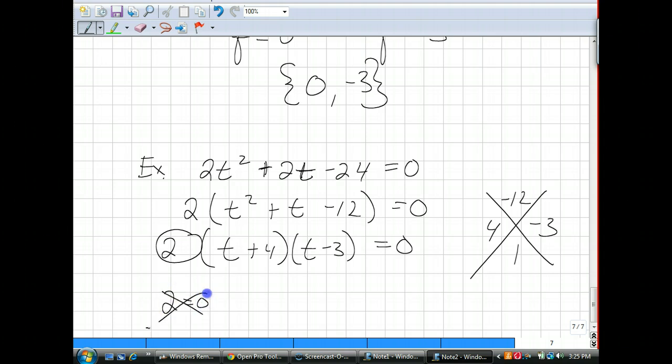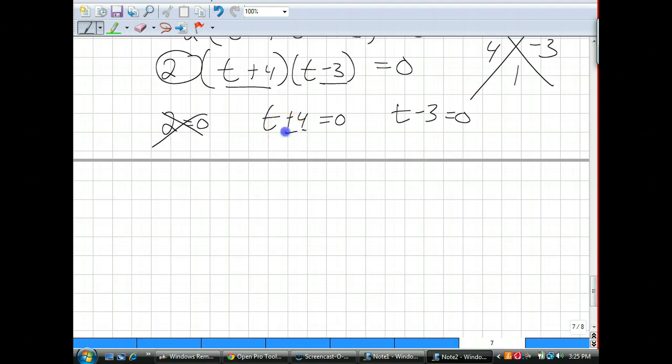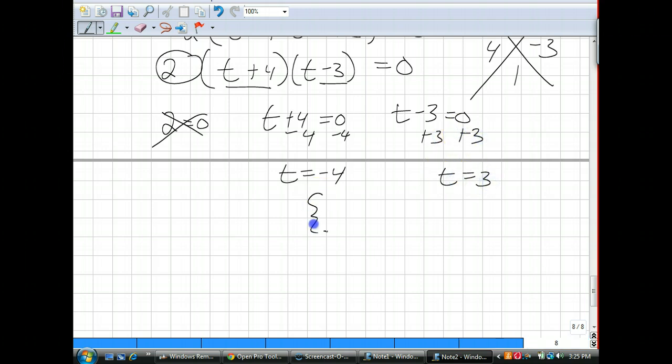No. So I have to force either this one or this one to be 0 in order to make the whole thing 0. So I set those equal to 0. T equals negative 4. T equals 3. So our solutions are negative 4 and 3.